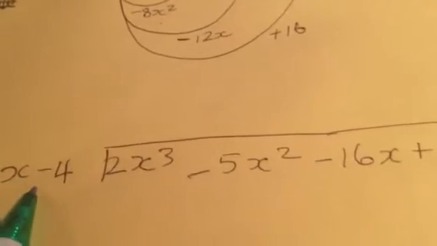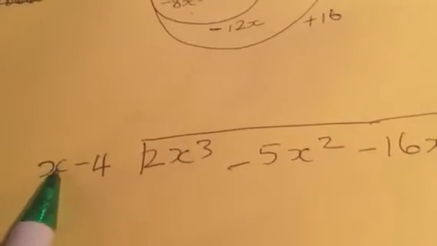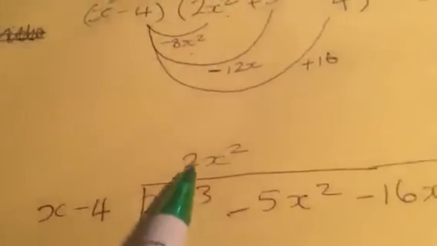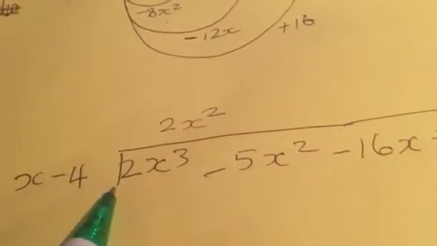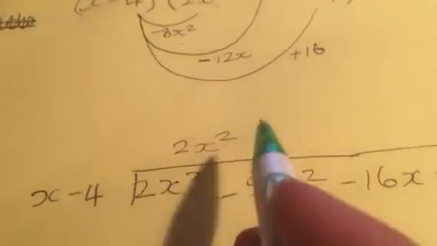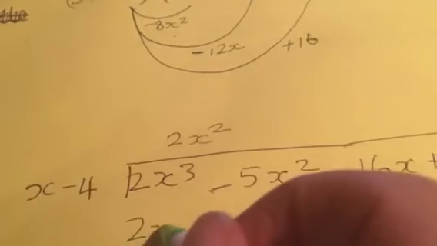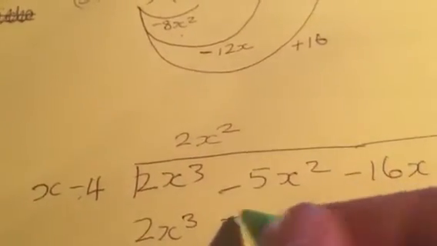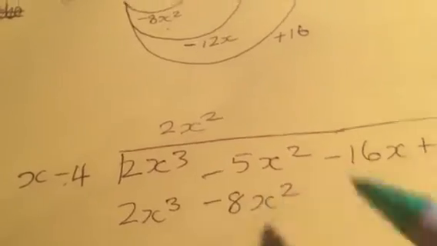So I start by looking at the x minus 4, and I say, how many times does x go into 2x cubed? X into 2x cubed goes 2x squared. So 2x squared, lots of x minus 4, would give me 2x cubed. 2x squared times minus 4 gives me minus 8x squared.